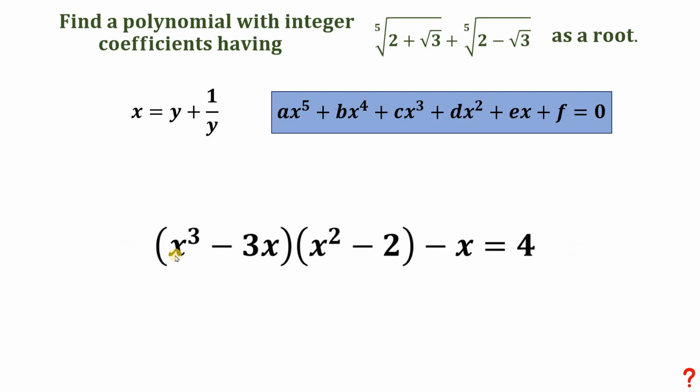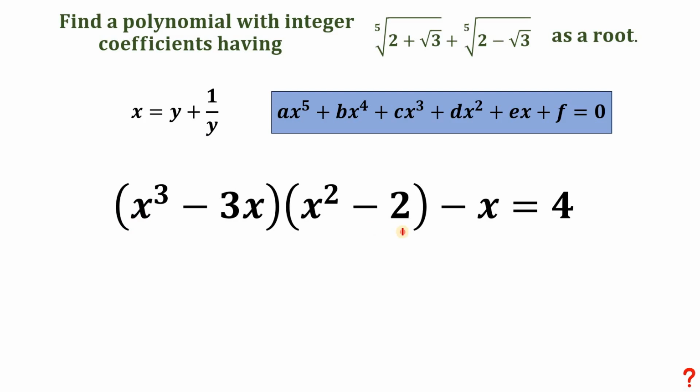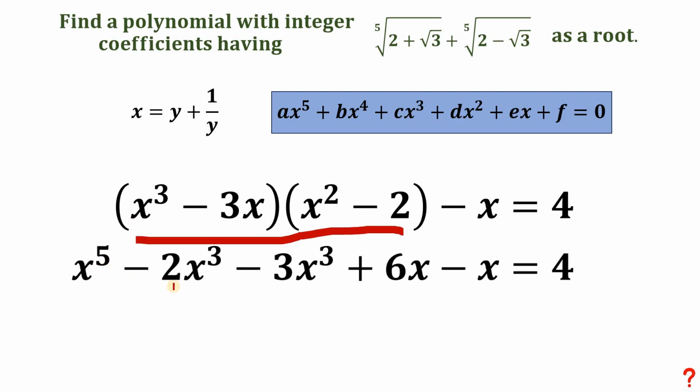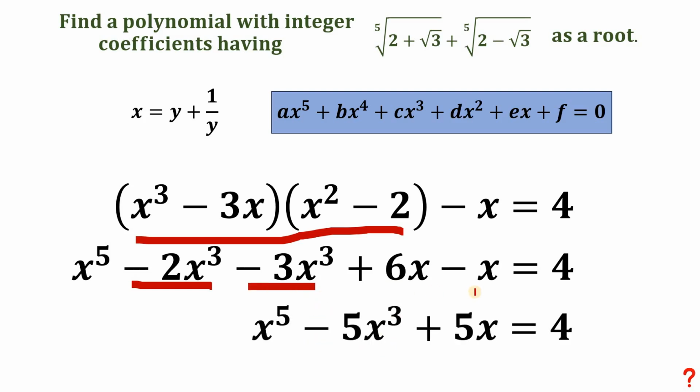So now let's focus on this result, and if we expand this, or multiply this, we have x raised to the fifth power minus 2x cubed minus 3x cubed plus 6x, then bring down negative x equals 4. Now combine like terms, negative 2x cubed minus 3x cubed, this is just negative 5x cubed, 6x minus x is positive 5x, then equals 4.